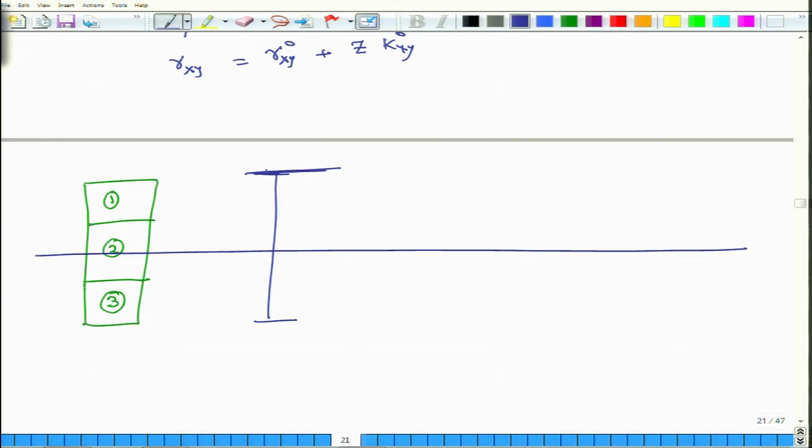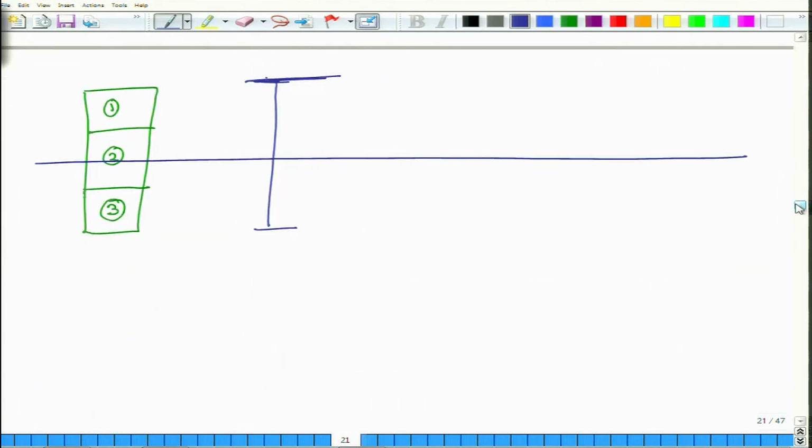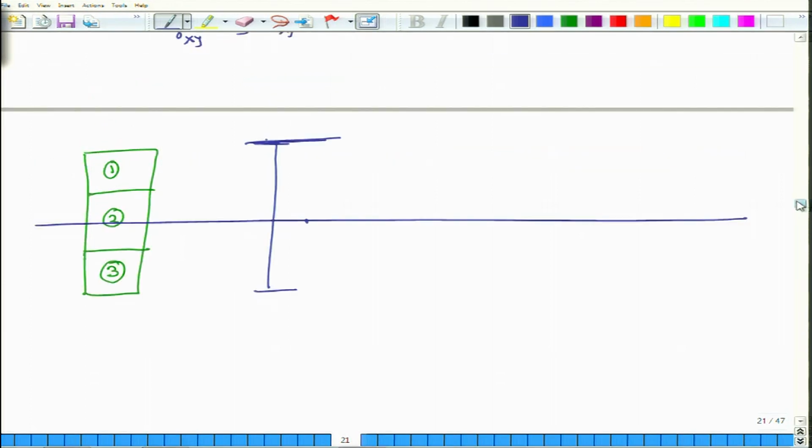Let us assume that epsilon x naught, epsilon y naught and gamma x y naught are all positive. If they are positive, then this graph will look something like this. When z is equal to 0, at mid plane the strain will be non-zero and it will have some slope, so it may look like this.